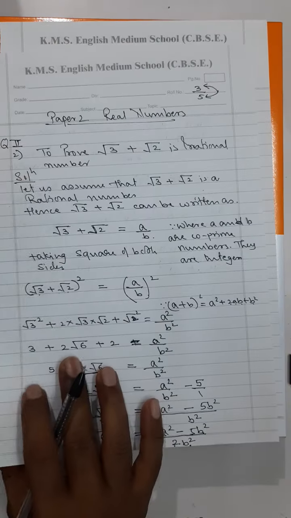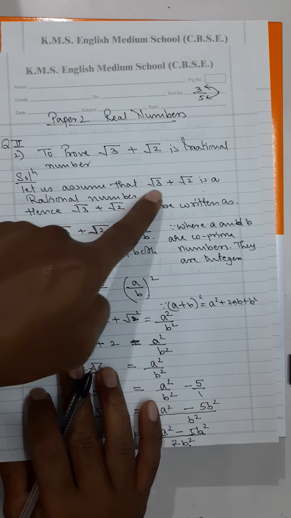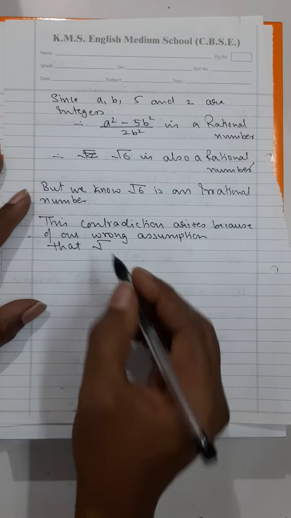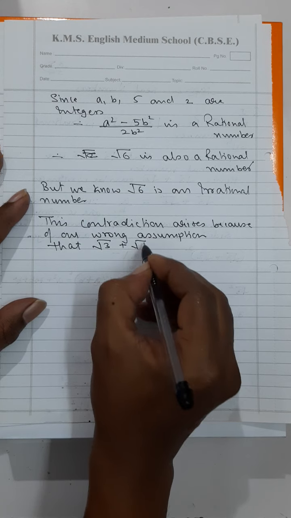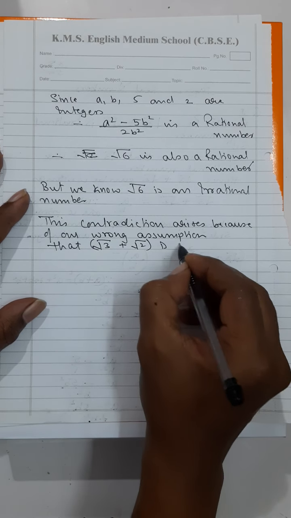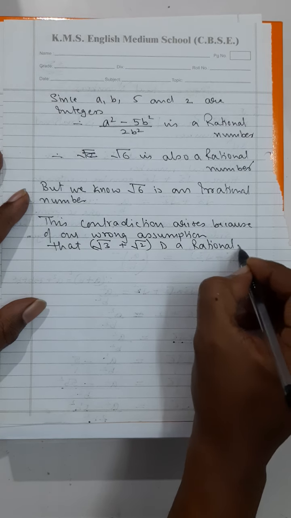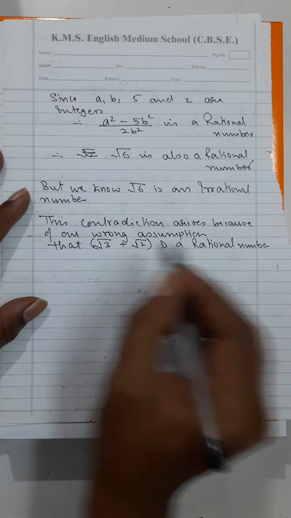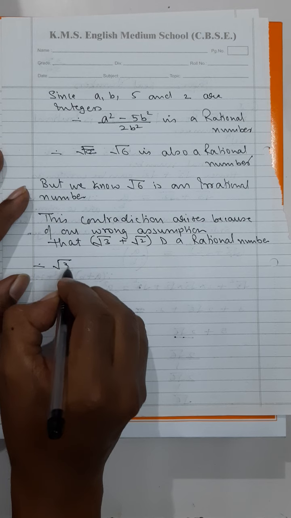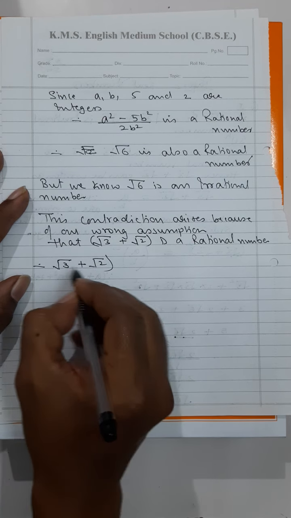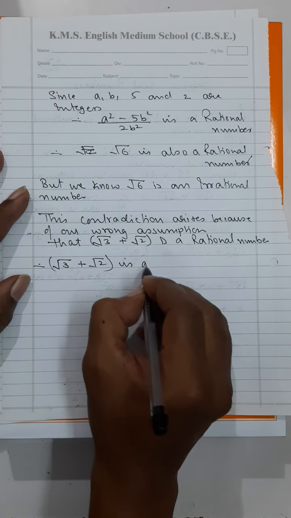Our assumption was root 3 plus root 2 is a rational number. Therefore, root 3 plus root 2 is an irrational number.